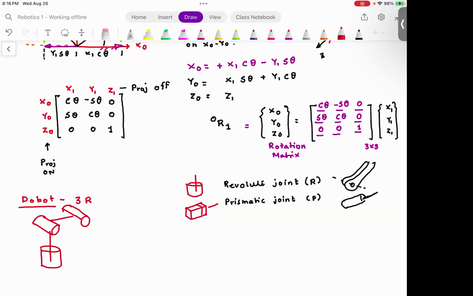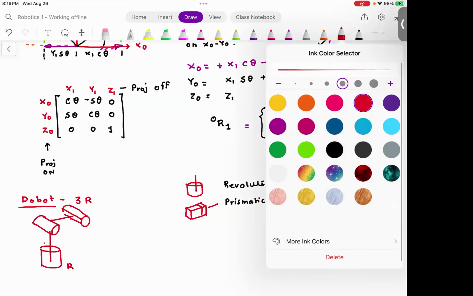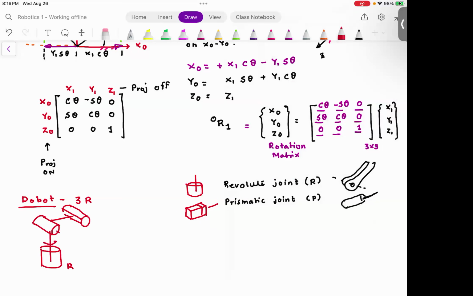So if you want to come up with a configuration, this is the first revolute joint, wherein the DoBot is rotating about the base. Then you have the second revolute joint, then the third revolute joint, and at the end you have an end effector.